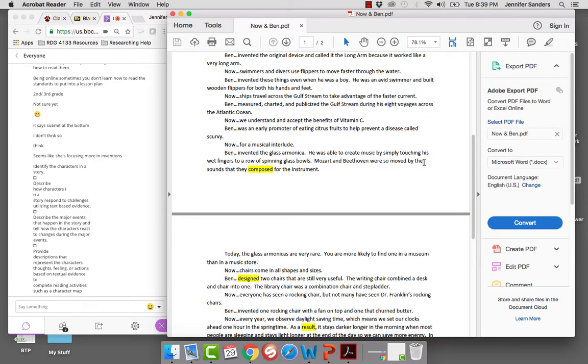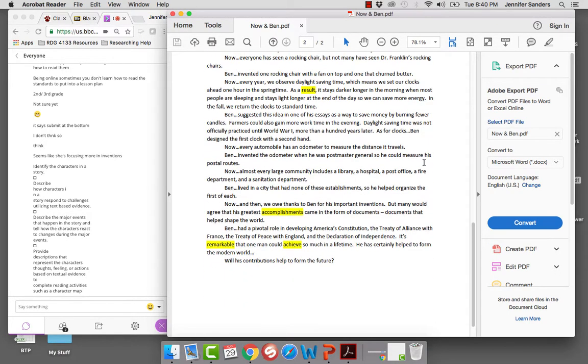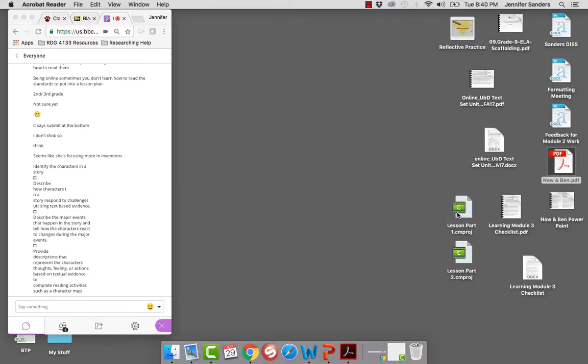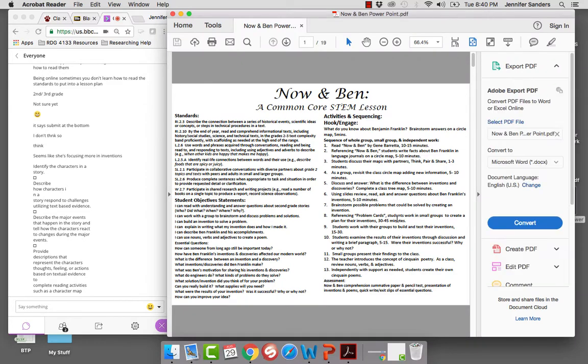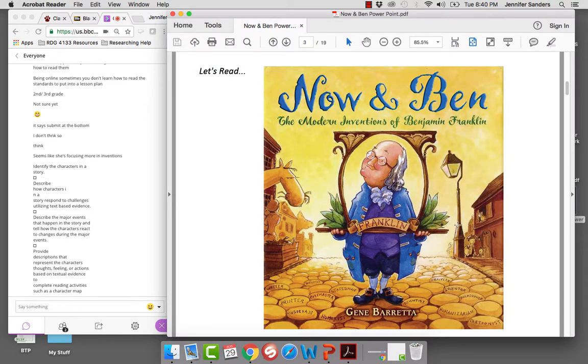That's the next question. Now we understand the concept of vitamin C. Ben was an early, and so look, I don't know if this is an informational text or if it's, and that's the next thing you need to ask yourself, the modern invention. So this has to be an informational text. That's what it looks like. But we don't know that.